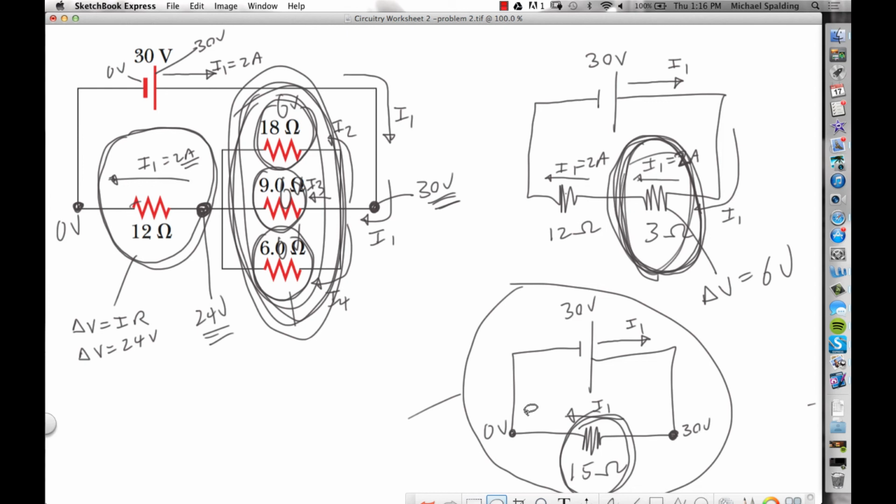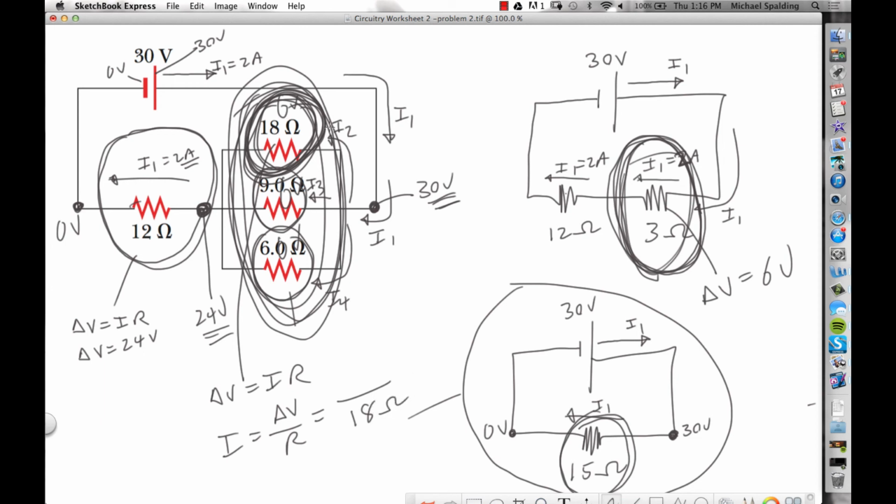Calculate the current through the 18 ohm resistor. We're almost done here. How do we get the current through this guy up there? Delta V equals IR, so I is delta V over R, right? The resistance is 18.